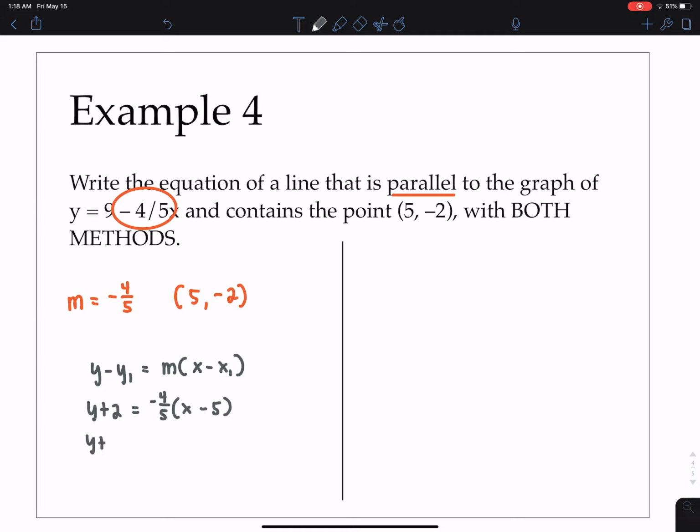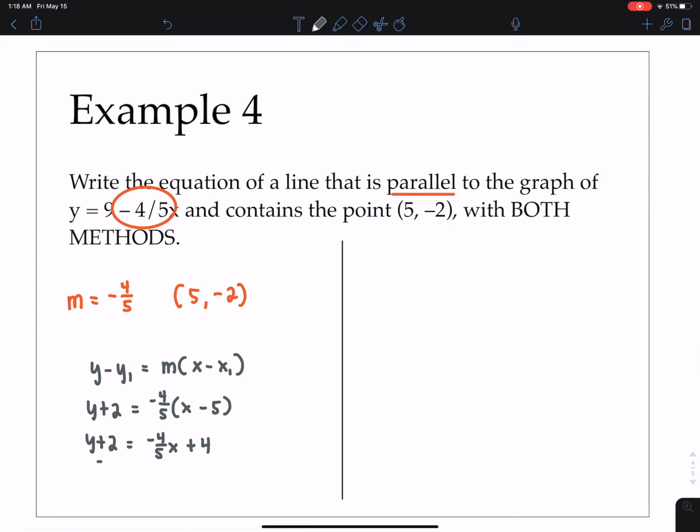So y plus 2 equals negative 4/5 x, and then negative 4/5 times 5 would be plus 4. And then to get y by itself, we have to subtract 2 from both sides, which means that y equals negative 4/5 x plus 2.